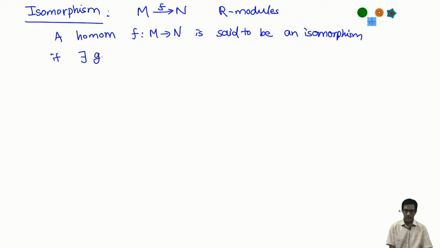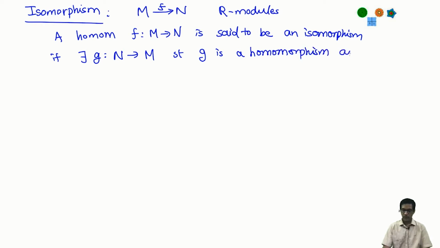Which means there is a map G in the opposite direction, if there exists G such that G is a homomorphism also, and F and G are mutual inverses of each other, which means F composition G is the identity map on N and G composition F is the identity map on M.